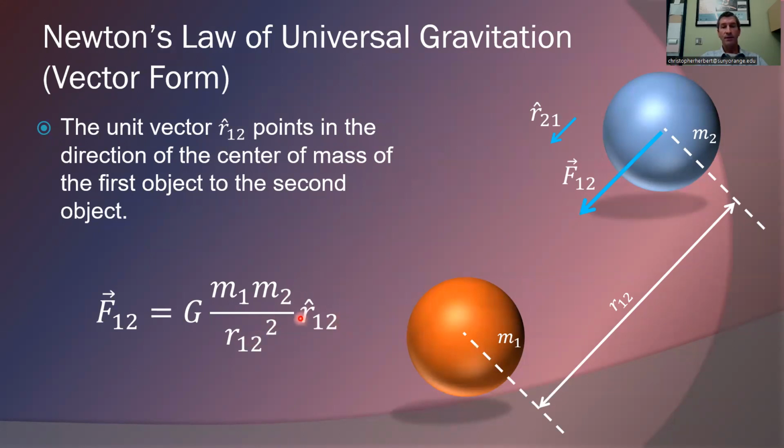Then we introduce this unit vector, which points from the second mass's center of mass to the first mass's center of mass. That can also be written as the position vector of 1 with respect to 2 divided by the distance.